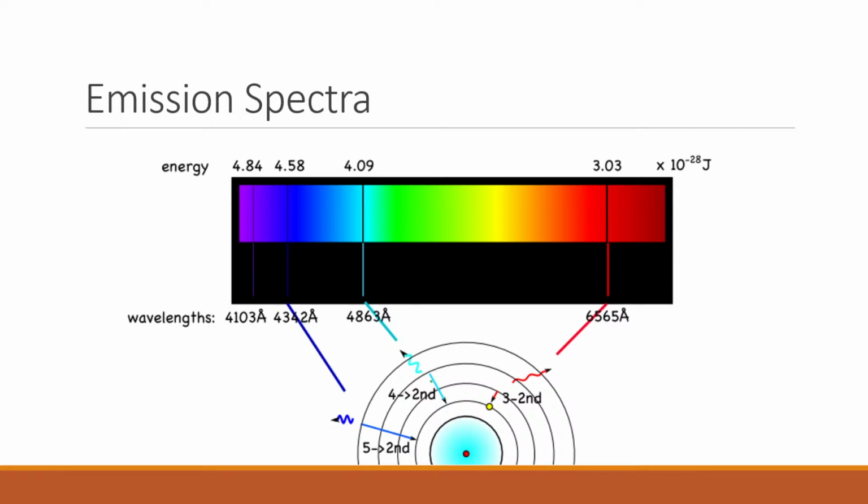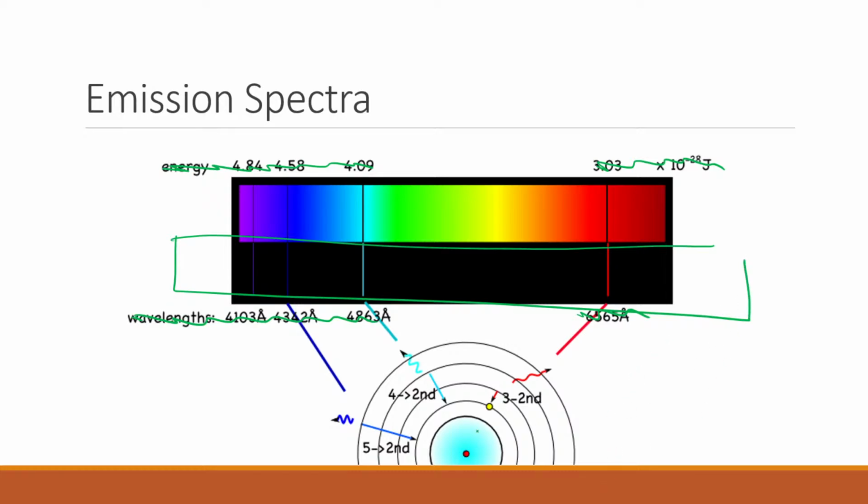Right, this transition from the fourth to the second gives off this color of light. This transition from the third to the second gives off this color of light. From the fifth to the second, this color of light, etc. Right, each of these transitions gives a different color. And so, ignoring these bits that aren't particularly important, we know that if we see this combination of colors, we have whatever element this is.